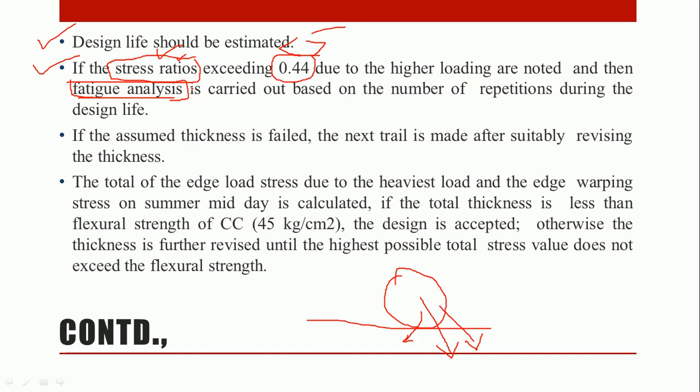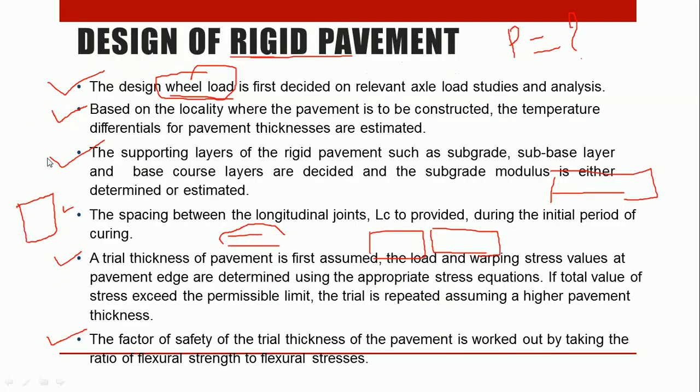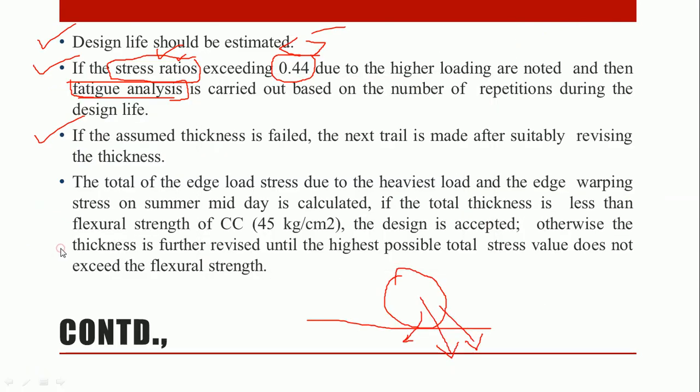All this is carried out by assuming some particular thickness of the pavement, and by the trial and error method the suitable thickness has been fixed as the design thickness. These are all the steps we need to follow while designing the rigid pavement.